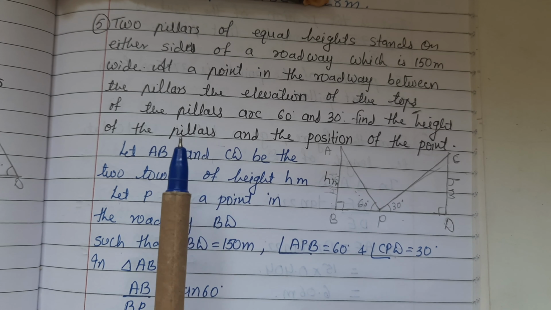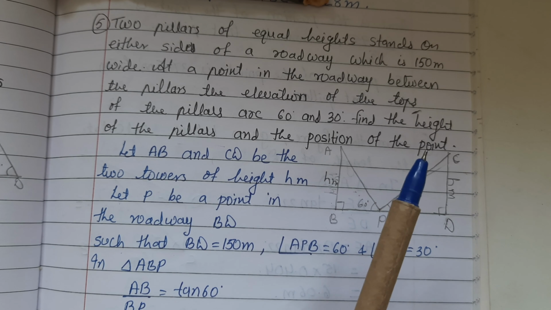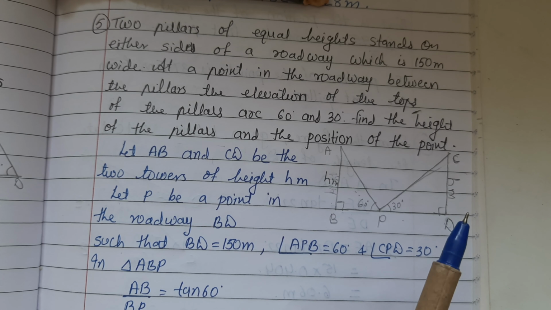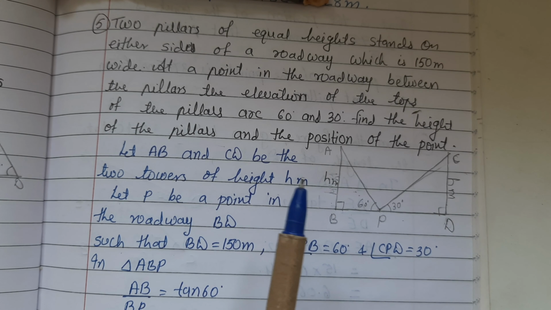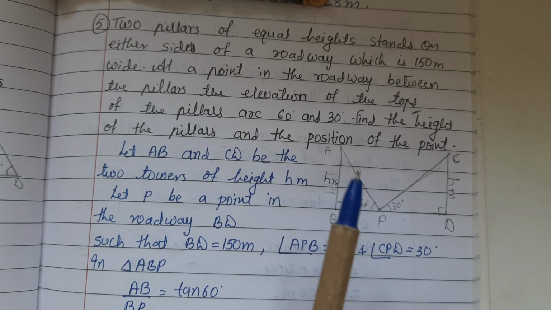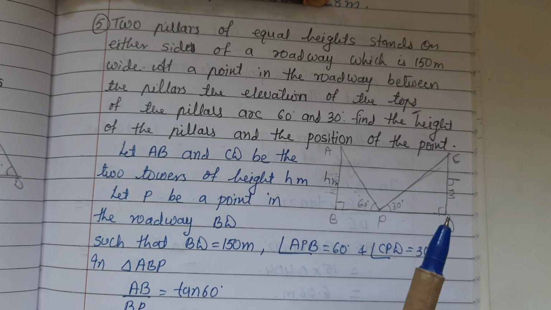Find the height of the pillar and the position of the point. Let AB and CD be the two towers of height h meters. Let P be the point in the roadway BD such that BD is equal to 150 meters and angle APB equal to 60 degree, angle CPD equal to 30 degree.